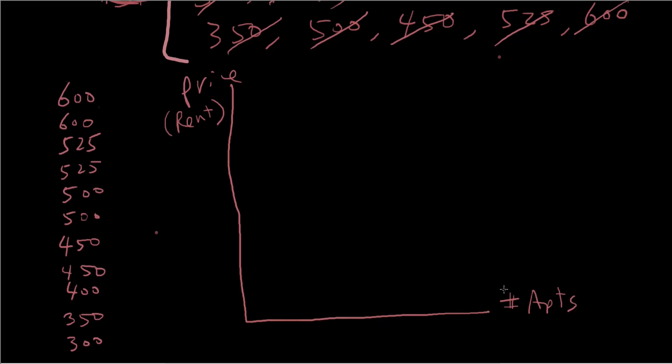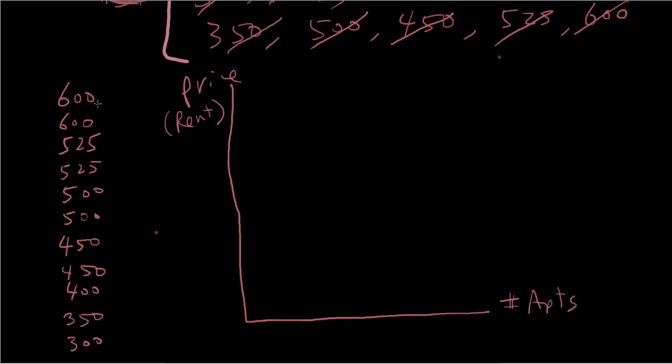Demand represents the buyer's willingness to pay for the good. So suppose the market rent is $700. Then how many of these 11 people are willing to rent an apartment? Nobody, right?